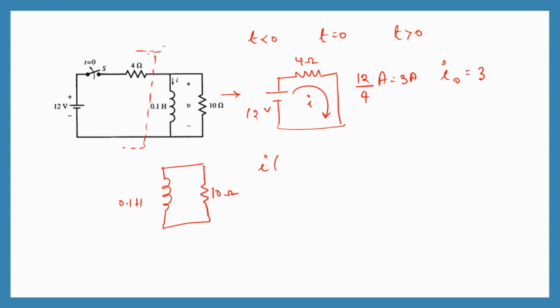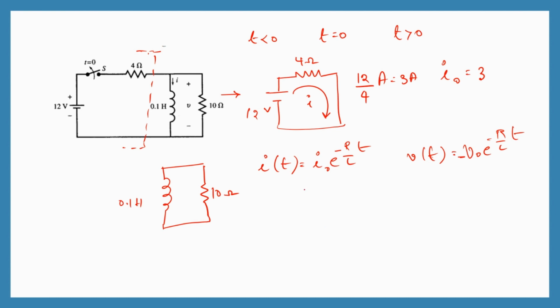So I of t for a source free circuit we know is I naught e power minus R by L into t. And V of t is equal to V naught e power minus R by L into t, with the negative sign over here.